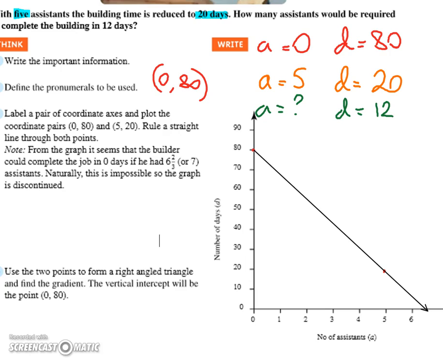Now, if you look at that graph, you can see that it sort of says that if he had about, I don't know, 6.5 people, he could finish a house in 0 days. Okay, that's not possible. So you see how I've got the arrow there? It doesn't really work like that. So normally we do one with an arrow to say that this line goes on forever. Can you see that this one wouldn't?